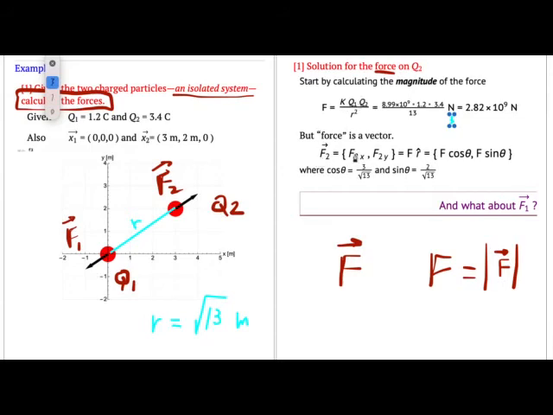F2, I can write it as F2x, F2y, F2z. Well, there is no z direction. The force F2 will be in the xy plane. So F2z is 0, so let me just write F2x and F2y. Projecting onto the x-axis, I'll have the cosine of theta, where this is the angle theta.